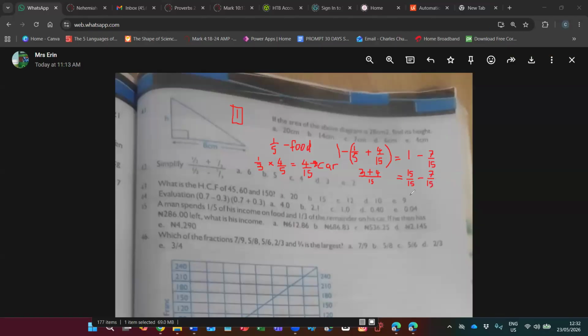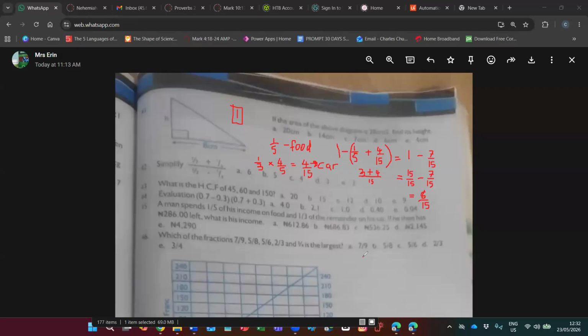Now that's not the full answer to this question, but at least we have made headway. 8/15 is what that 286 represents. So this is our destination.